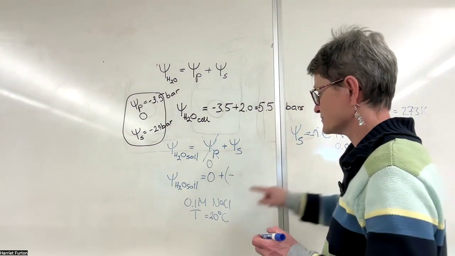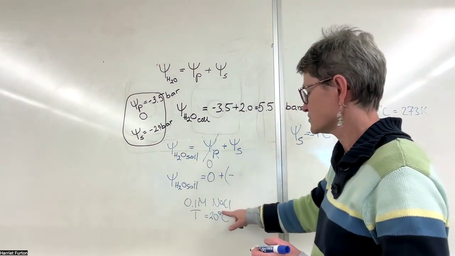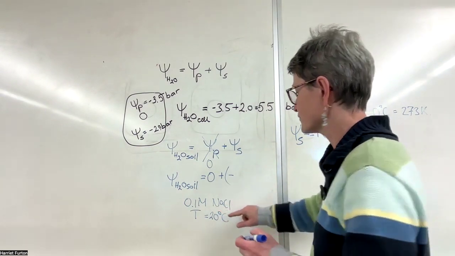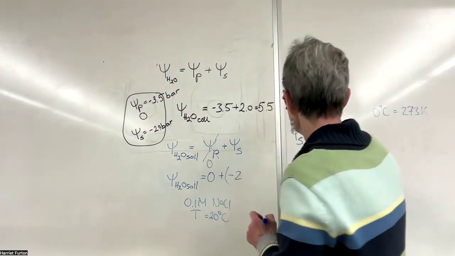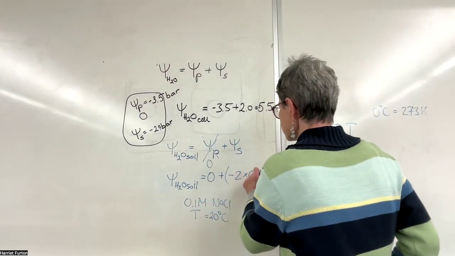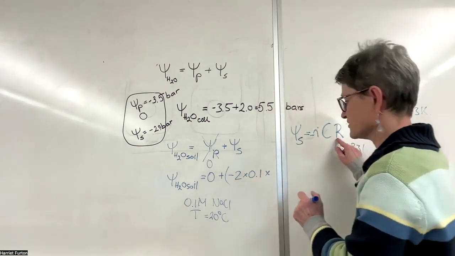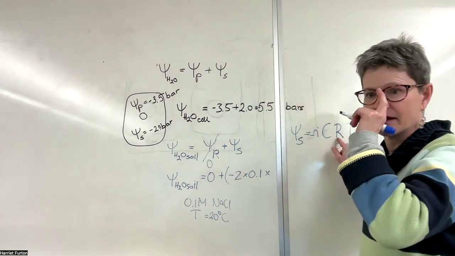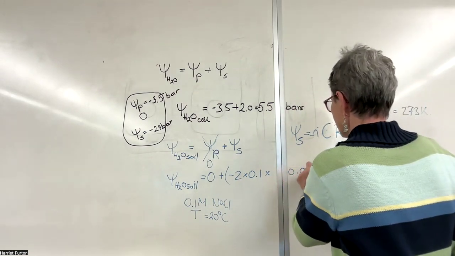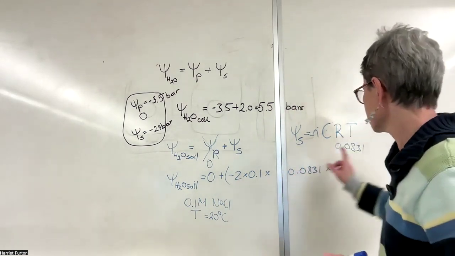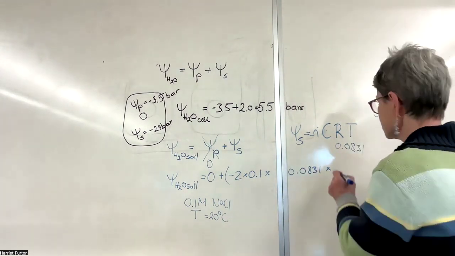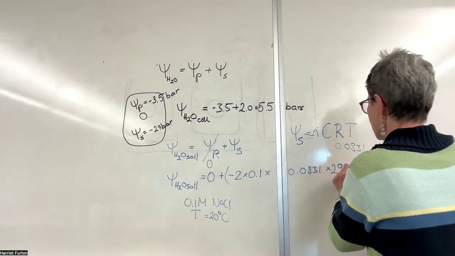The i, because we are talking about sodium chloride, is 2 ionization constant, 1 for sodium, 1 for chloride ion, so 2. The concentration is 0.1 molar times the R, the pressure constant, 0.0831, times the temperature, 20 Celsius, 273 plus 20 is 293.